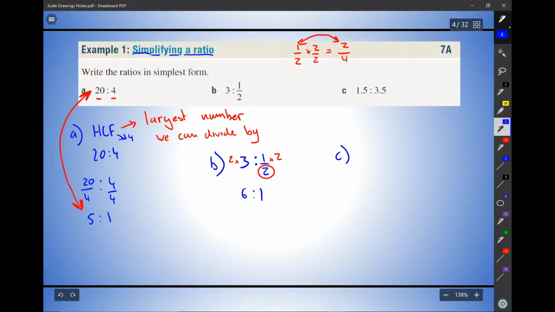In this case, there are a few ways you can go about it. I think the simplest one is to times both sides by 10 and make it so they are no longer decimals.